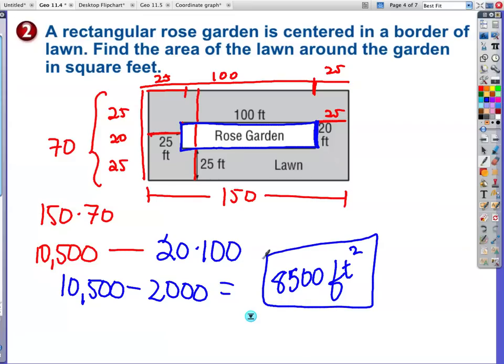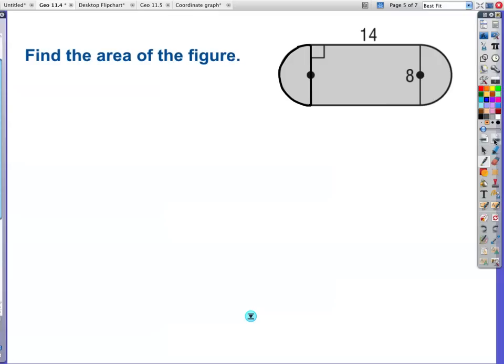Okay, third one. Very similar to our first figure, kind of the same idea. Oh yeah, this is my full circle over there. So that's part of the reason why I can put this together. All right, area: rectangle plus circle.